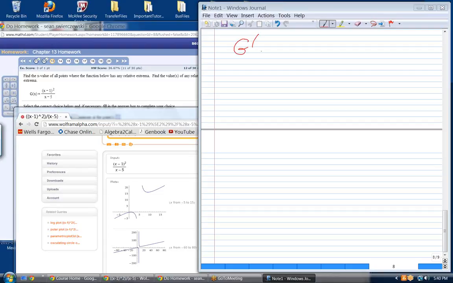So g of x equals x minus 1 squared over x minus 5. You take the derivative of this? Yeah. Using the quotient rule? You've had the quotient rule, I presume? No. Okay.